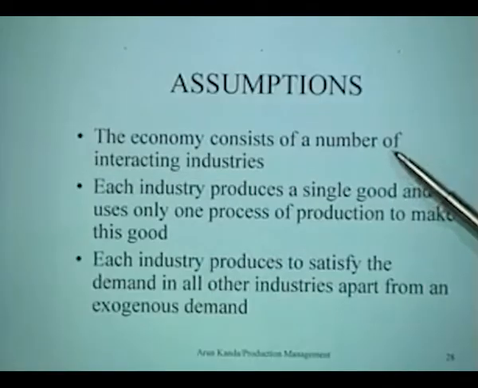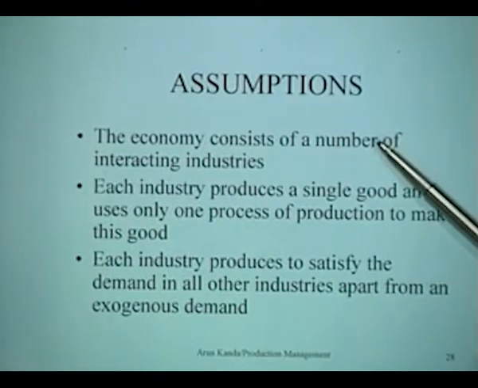Some of the assumptions in this model are: the major assumption is that the economy consists of a number of interacting industries. Would you tend to agree with this or not? What does this mean in real life? It means, for instance, that if you talk about a particular sector in the economy, let us say automobiles, for its survival, automobiles will have to borrow from the steel sector, the steel.